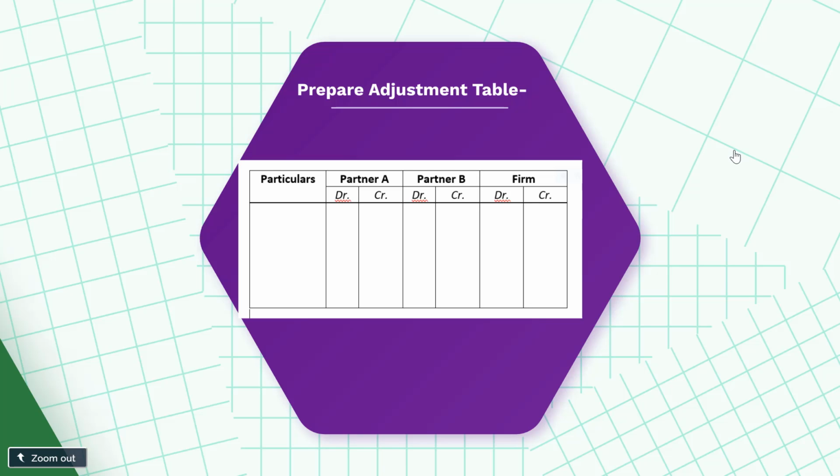In this format of adjustment table which I am showing you, there are two partners in the firm, partner A and partner B. For each of these partners, I have opened a debit column and a credit column, and also finally I have opened a debit column and credit column for the firm, apart from beginning with the particulars column.